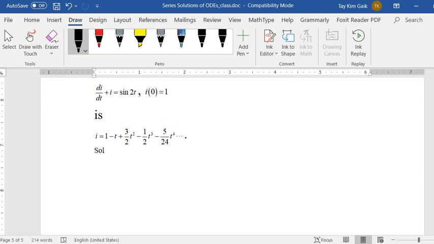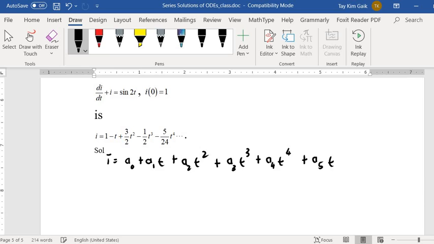Okay, so the first step: i is actually a naught plus a1 t plus a2 t squared plus a3 t cubed plus a4 t power 4 plus a5 t power 5. Here, up to t power 4, I take out one more term.